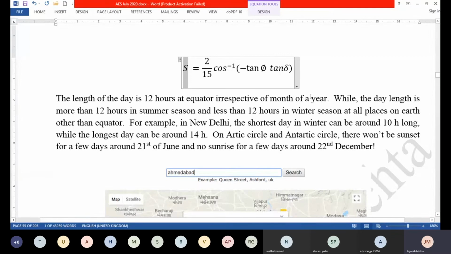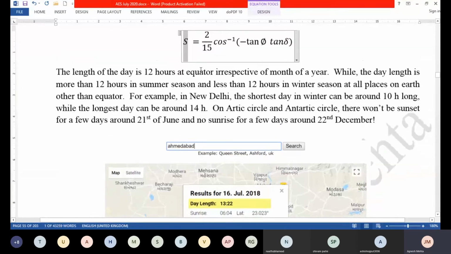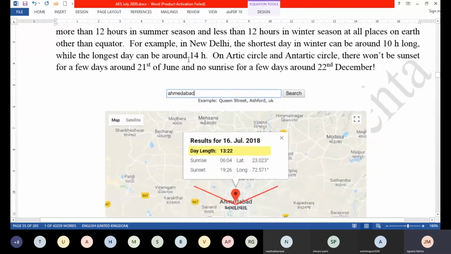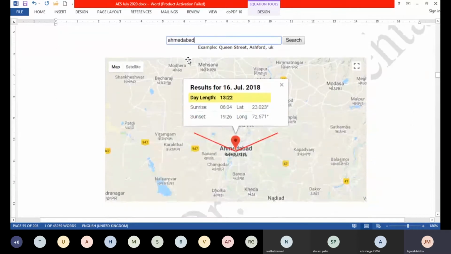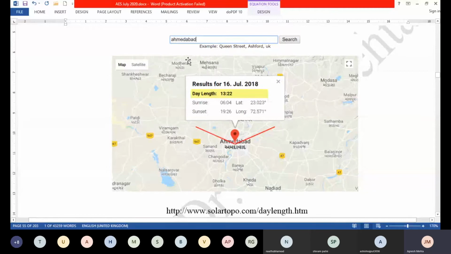So this is how you will be able to get the day length. And this is just one website on which you can get the sunrise and sunset time for your location. I have written it for Ahmedabad.